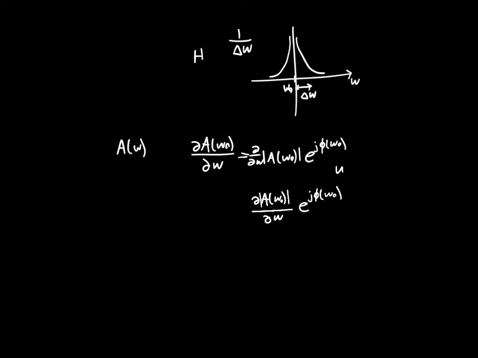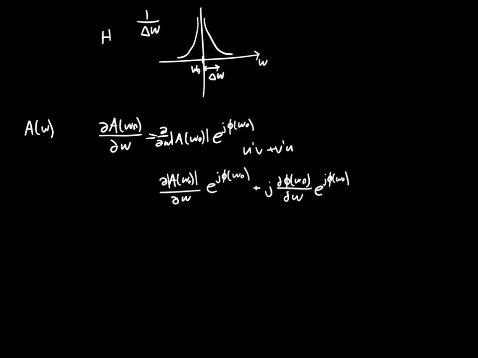This is just u prime v plus v prime u, so we're just differentiating with respect to omega, plus v prime, which is j times the derivative of the phase with respect to omega, multiplied by the exponential term, because that doesn't go away when you take the derivative, multiplied by u, which is our magnitude.